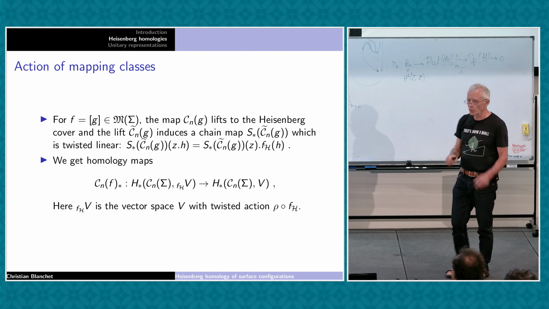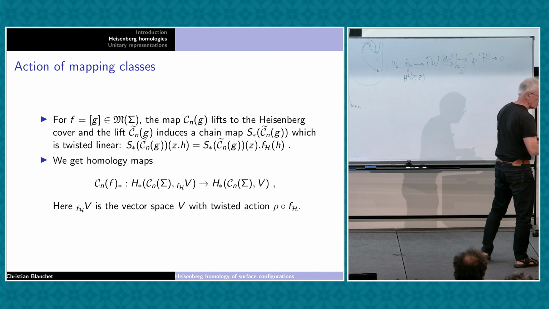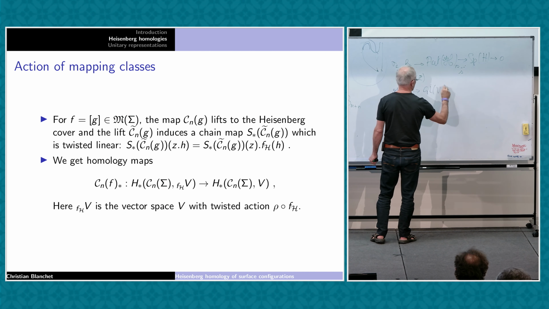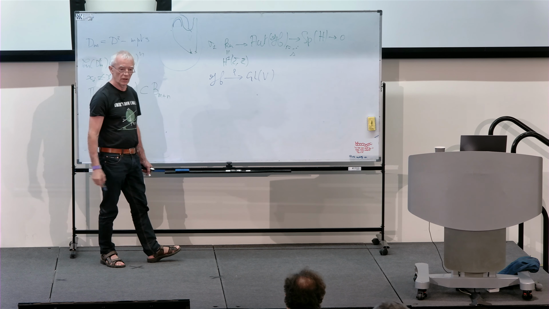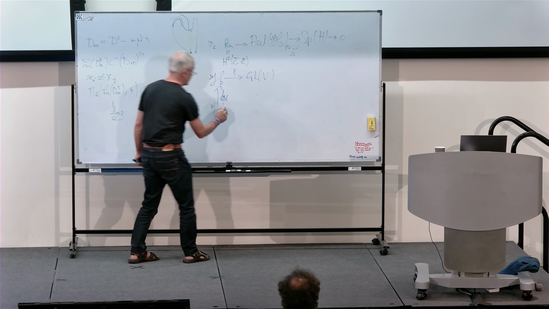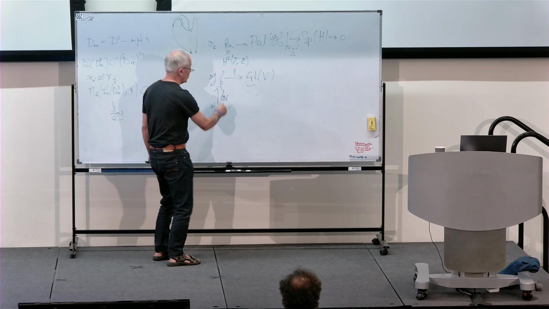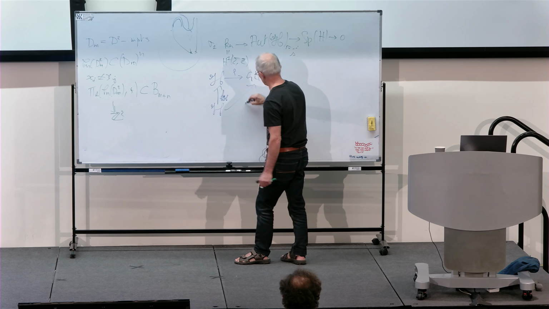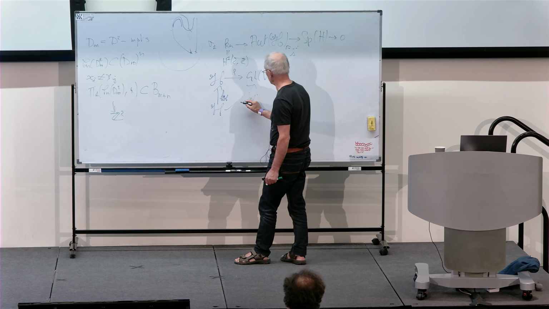Here, if the representation is rho, so you have the Heisenberg group, you go to GL of V by a certain representation rho, but here you can precompose with an automorphism, let's say FH, or it can be a tau, and then you have the composed representation, and the space with this action.